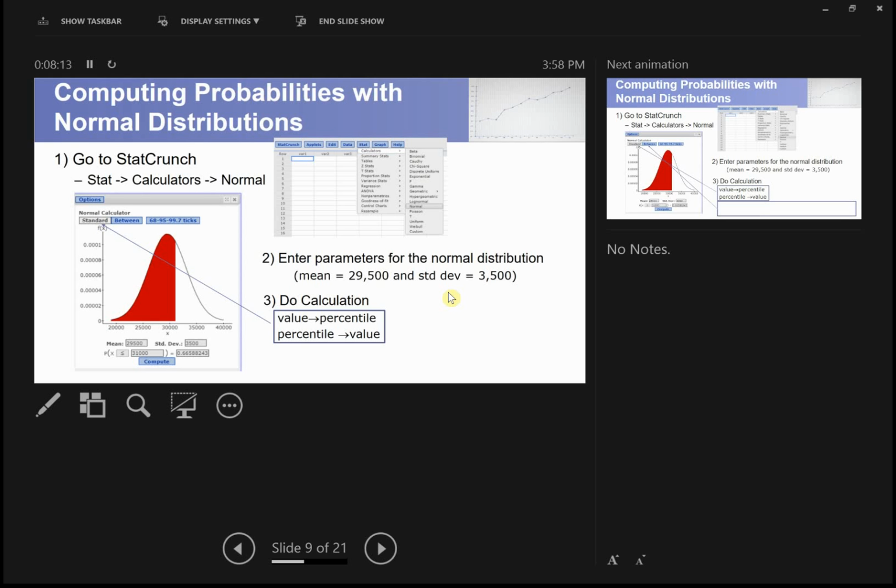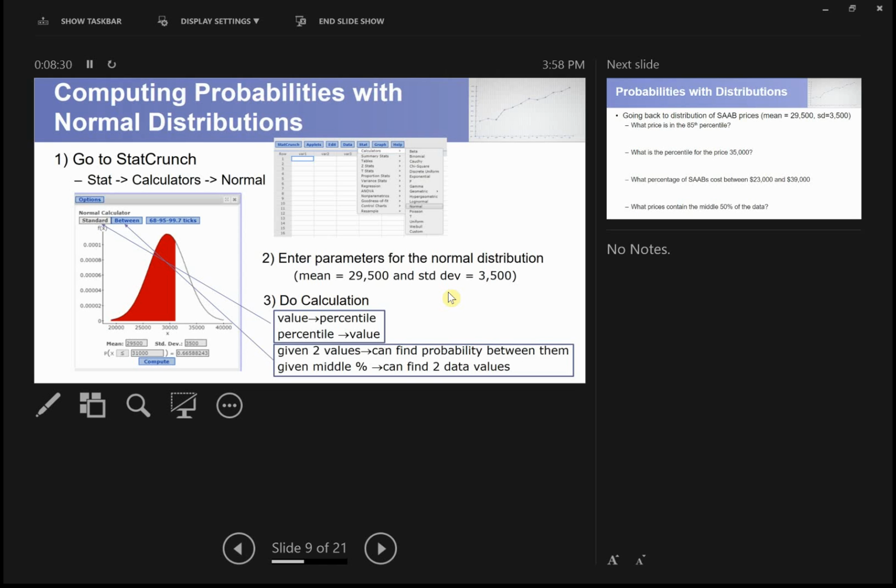Okay. And then if we toggle this little between icon, we could do the same sort of thing, except now we put in 2 values, and we could find the probability between those 2 values, right? And conversely, if I gave the middle percentage, I could find the values that bracketed that middle percent. So we can do a lot right now.